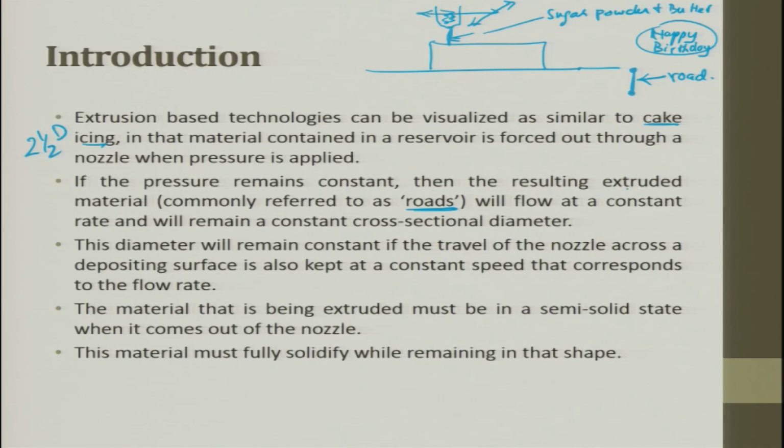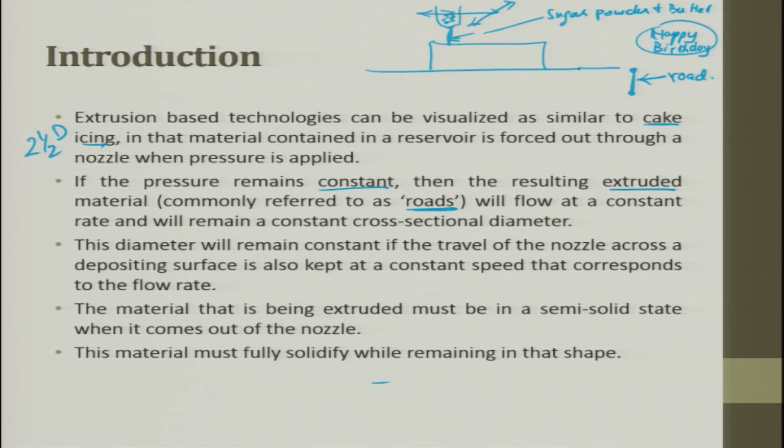If they are extruded at a constant pressure, then you will get a uniform rod width and height, which will flow at a constant rate and remain a constant cross section diameter. This diameter will remain constant if the travel of the nozzle across the deposited surface is also kept at a constant speed.